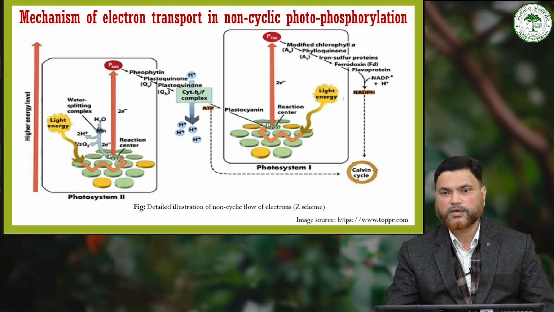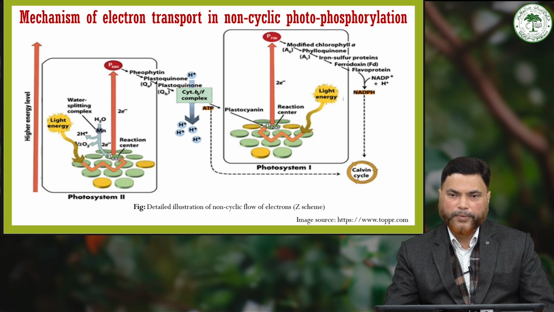This electron is obtained through the splitting of water molecules by a part of photosystem 2, as we have discussed in detail. The manganese center binds to 2 water molecules simultaneously, extracting 4 electrons, releasing 4 protons and producing a molecule of oxygen, as you see in the figure.